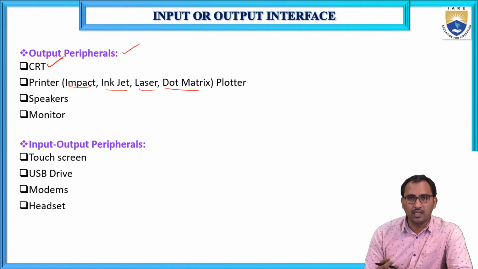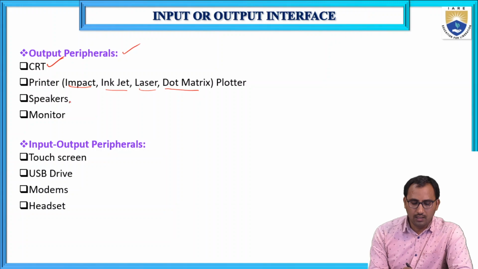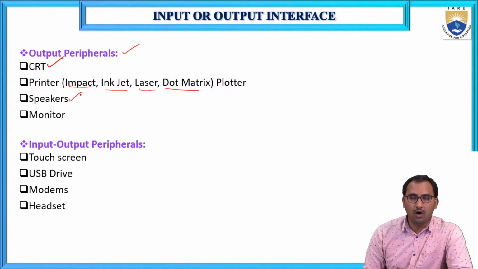If you give a print command in the system, it gives the printer output. And speakers are output peripherals. That means they give audio as the output. And monitor is a display unit. It will display pictures or videos.